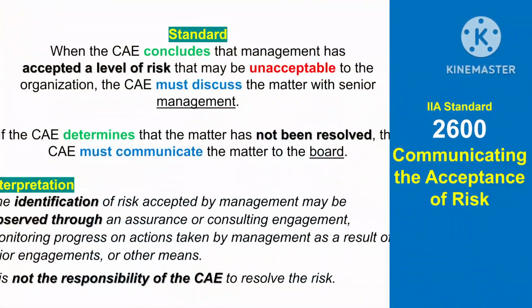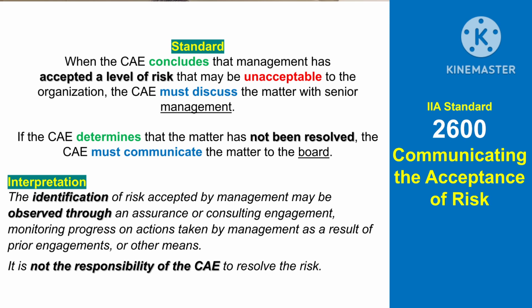So the basic requirement of Standard 2600, communicating the acceptance of risk, is that when the Chief Audit Executive concludes that management has accepted a level of risk that may be unacceptable to the organization, the Chief Audit Executive must discuss the matter with senior management. If the Chief Audit Executive determines that the matter has not been resolved, the Chief Audit Executive must communicate the matter to the board.